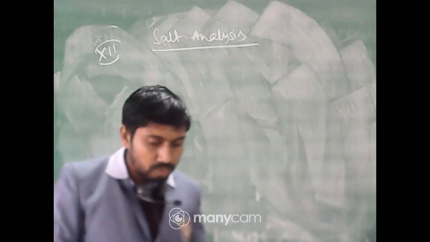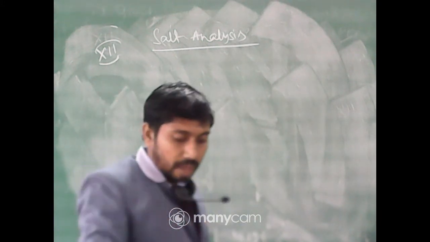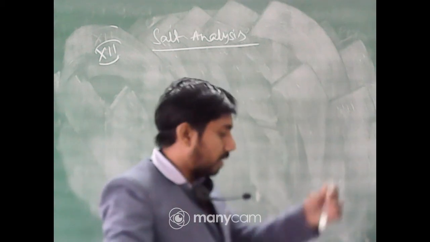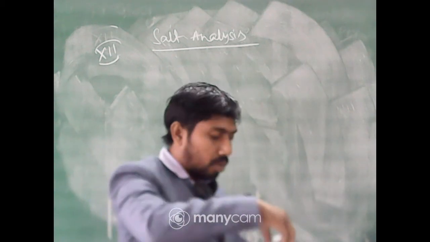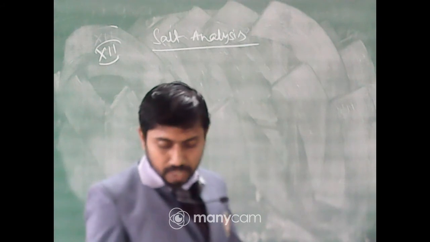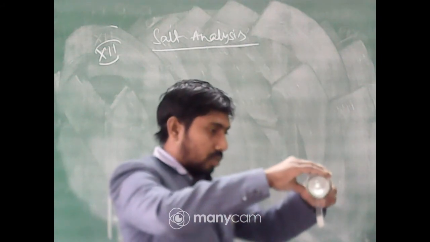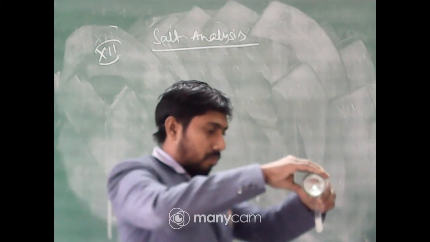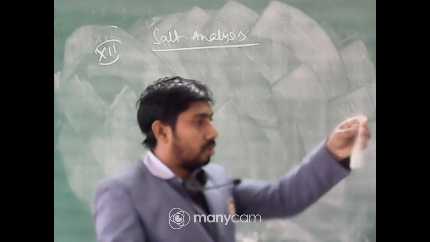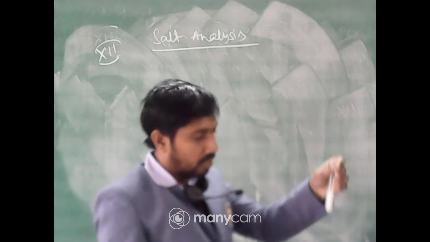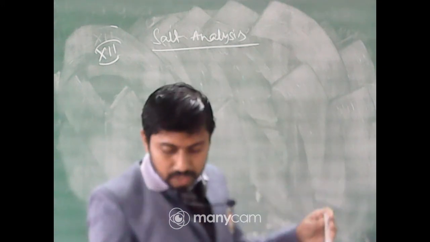Now to check it further, we add ammonia solution to see whether the precipitate dissolves or not. So the next step is the addition of ammonia to that solution. You can see that the precipitate is not totally dissolved.